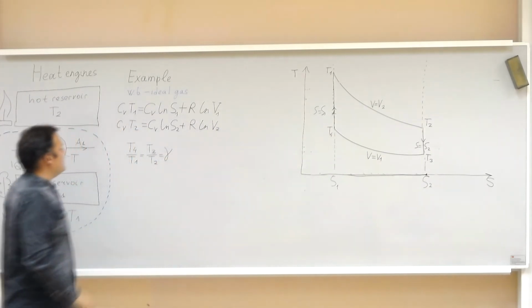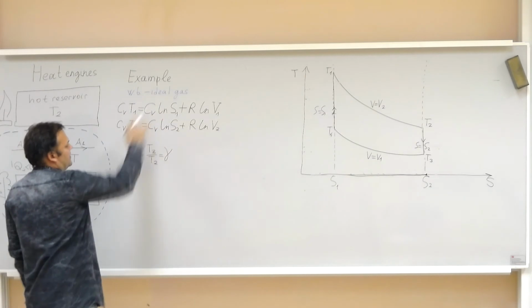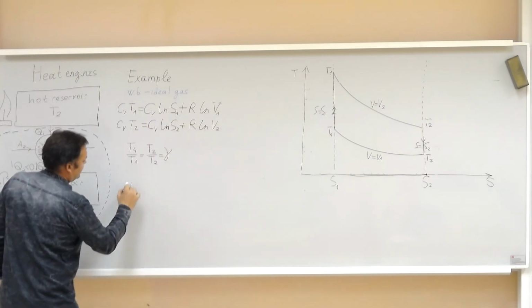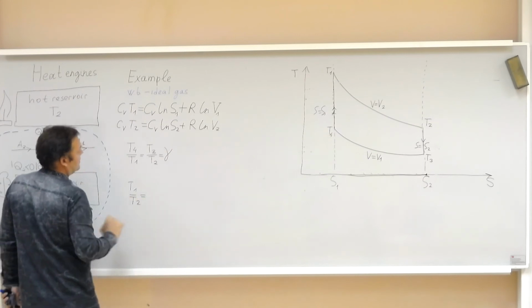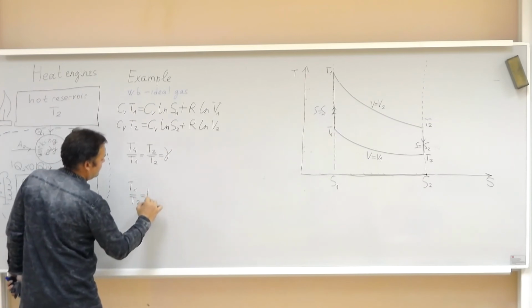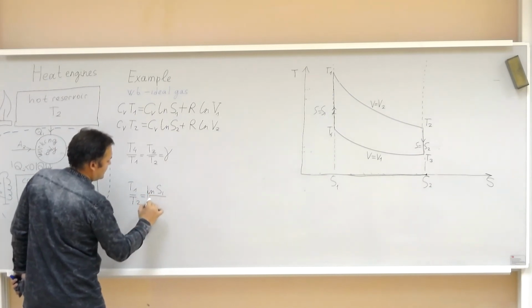V2. And if I divide this by this, I find T1 by T2 equals the ratio of entropies.